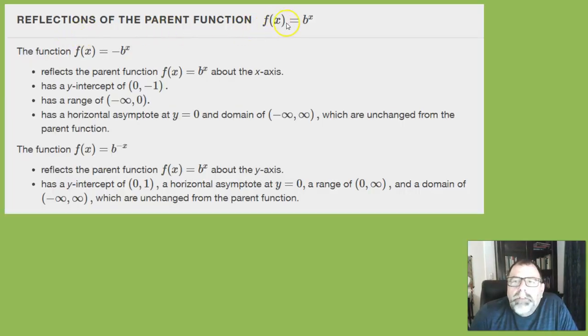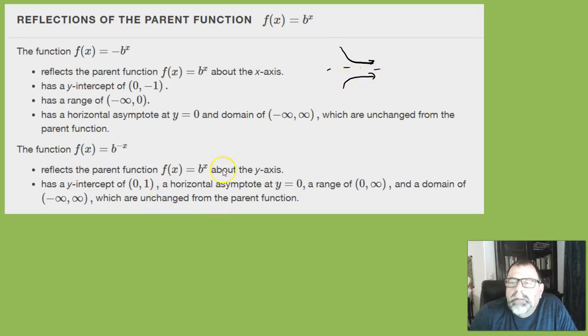Reflection of the parent function f of x equals b to the x. So, a kind of summary of what we just talked about. The function f of x equals negative b to the x reflects the parent function about the y-axis. Oh, I'm sorry, about the x-axis. Okay, reflects about the x-axis, so it's going to flip it upside down. If our graph did that, it'd flip over.